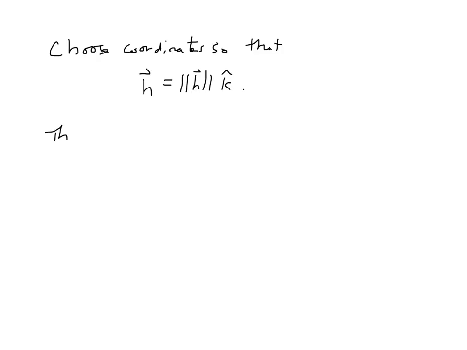Now we know that r and v cross h are both perpendicular to h, so if h is lying in the k direction, these things are both perpendicular to h, so they both have to lie in the xy plane.